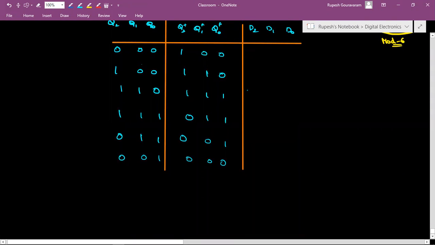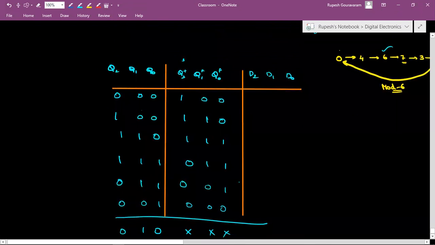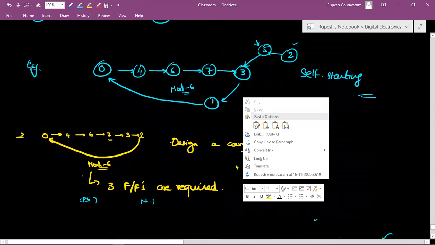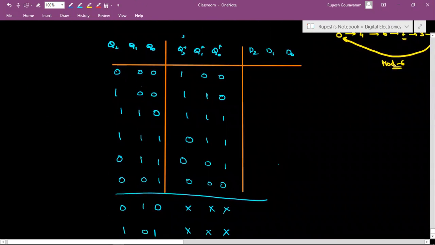Here, see here, the unused states here are 2 and 5. 2 is represented as 0, 1, 0 and 5 as 1, 0, 1. So need not worry about what these two states. You can directly put whatever the next state it will be, it is okay. Because they didn't ask anything about self-starting or not self-starting. They have just said given the sequence like this, design a counter. That's what they have asked. So you need not worry about the unused states.